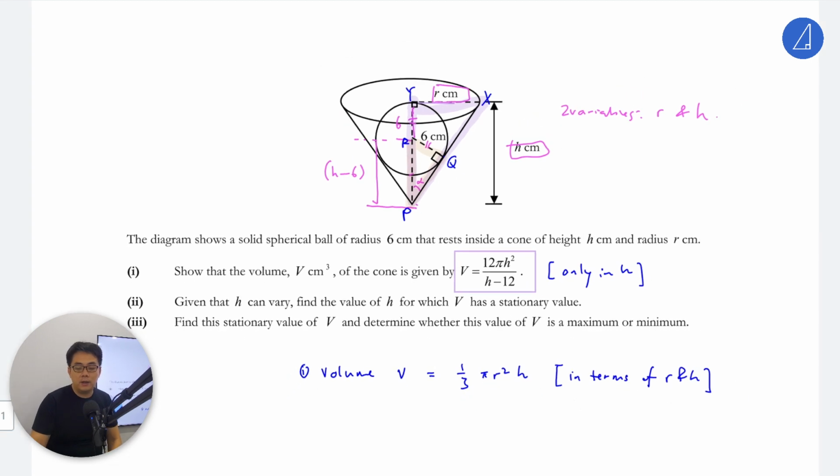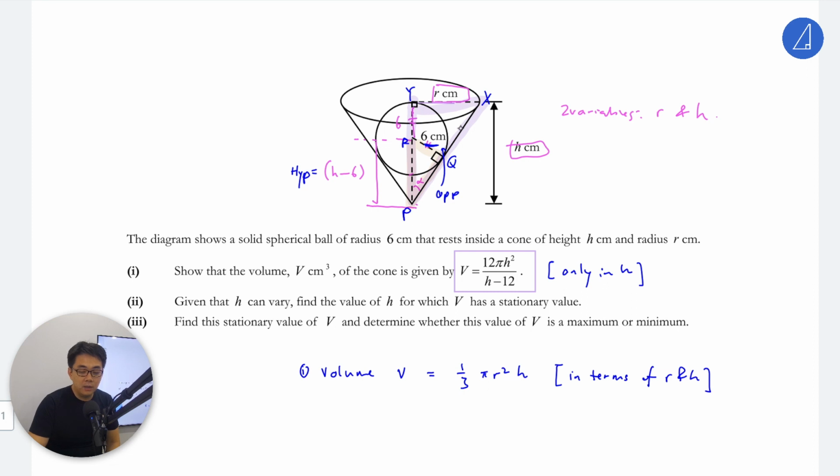Now take note of this. It's actually inverted. Look at this small triangle here. PR is the hypotenuse, right? The 6 is the opposite, right? This is where it becomes confusing, because a lot of students look at the big one.